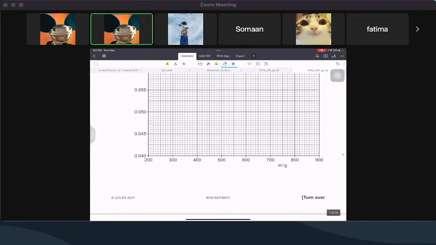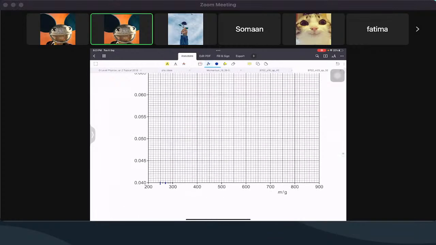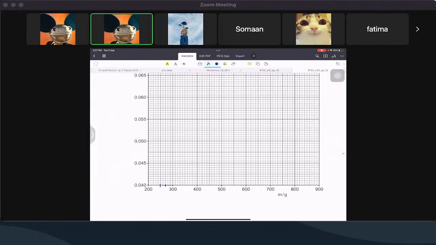This is 250, 260, 270, 280, 290, 300, and 271 would be very close to 270. Then we go up to 0.046: 0.046, 47, 48, 49 and 50. So 0.046 is this point. I'm going to put a small dot here.